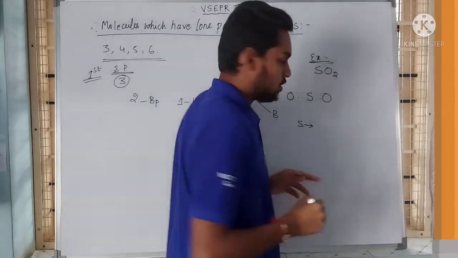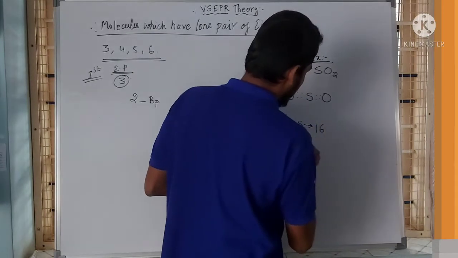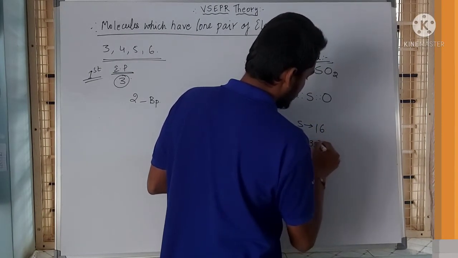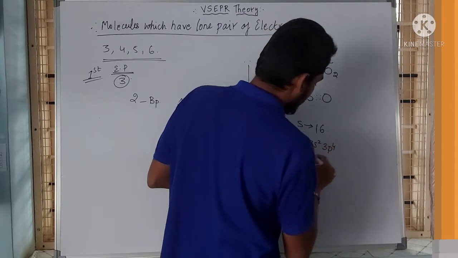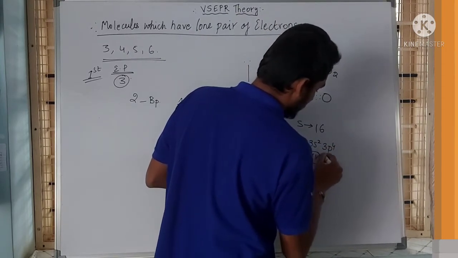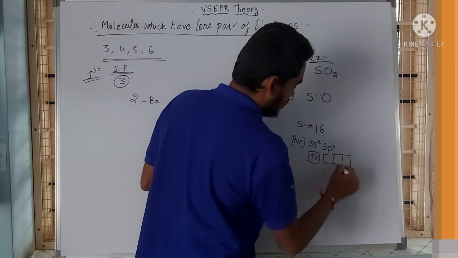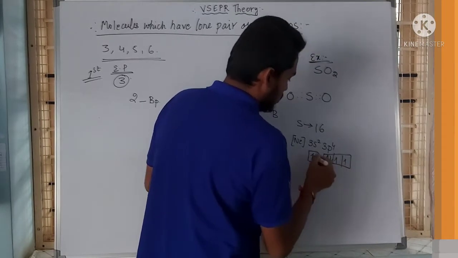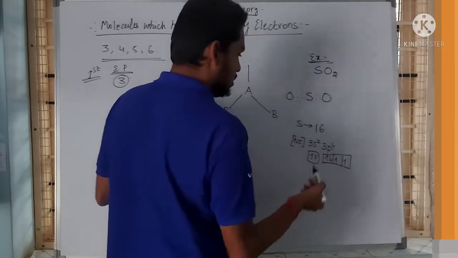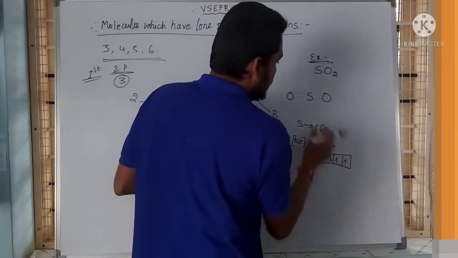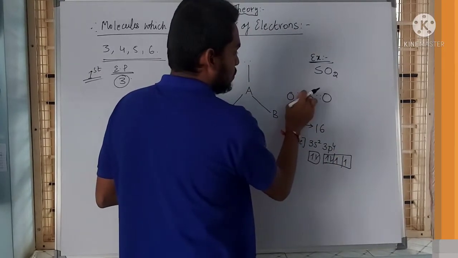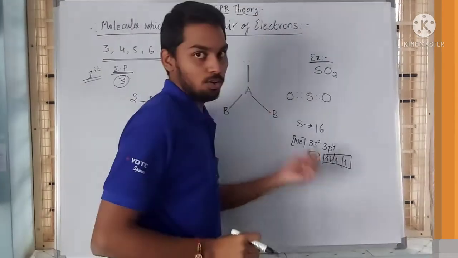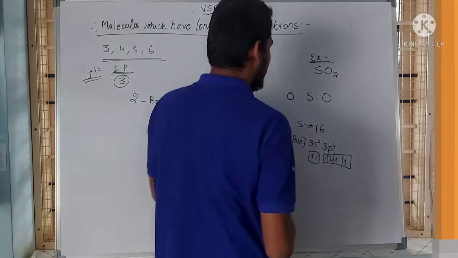It has 16 electrons, with neon as the inert configuration, then we have 3s2, 3p4. So I have 6 valence electrons. I have already filled 4 electrons, and I am left with one lone pair, so that will be the lone pair present here.